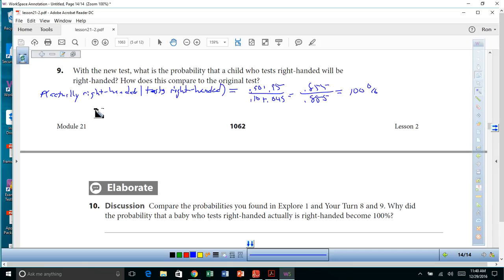Before it was 99.1%, so it increases to 100%. All right, not too bad, about 1 percentage point.